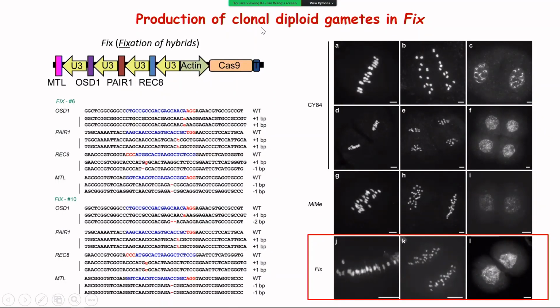This mutant was named fixation of hybrids, fix for short. The fix displayed the same meiosis phenotype as the MiMe, that is, only 1 round of division, no recombination, and only 1 round of cell division, and produced dyads.